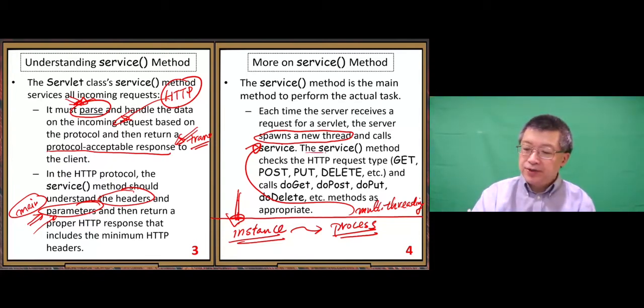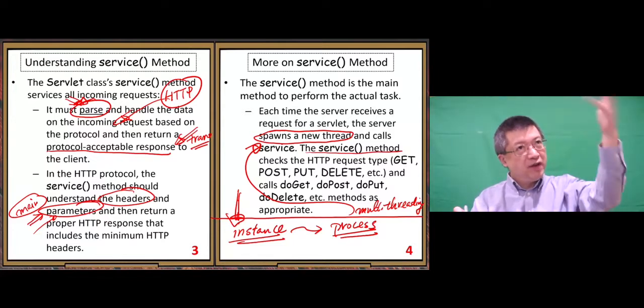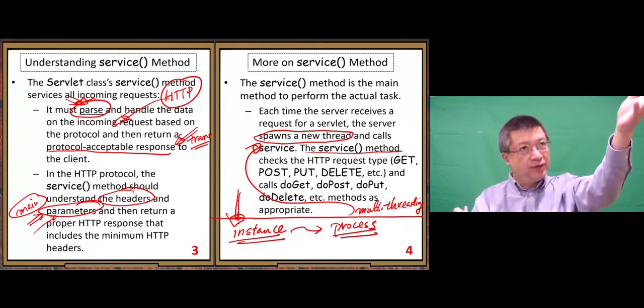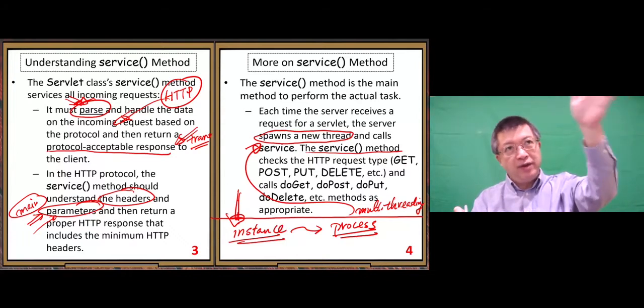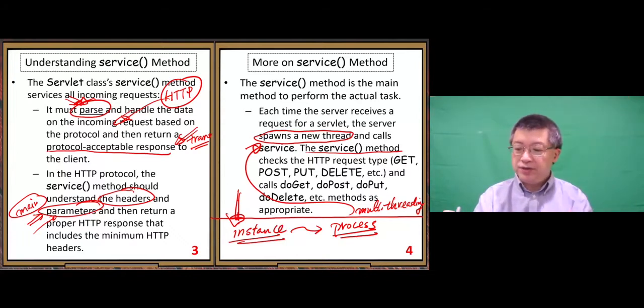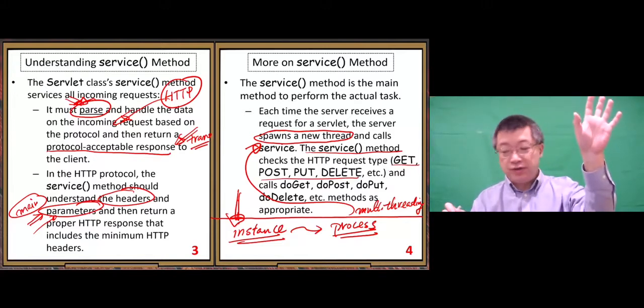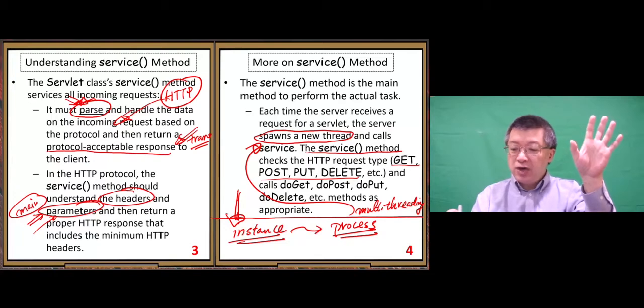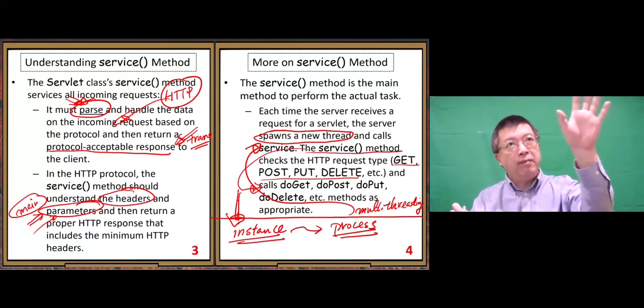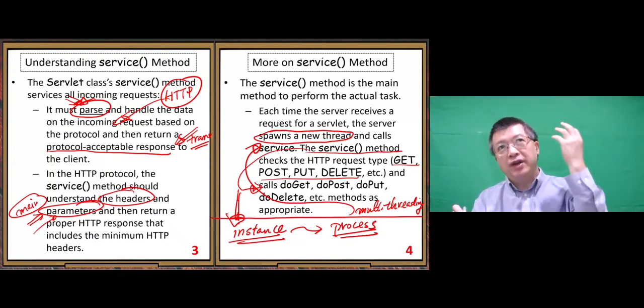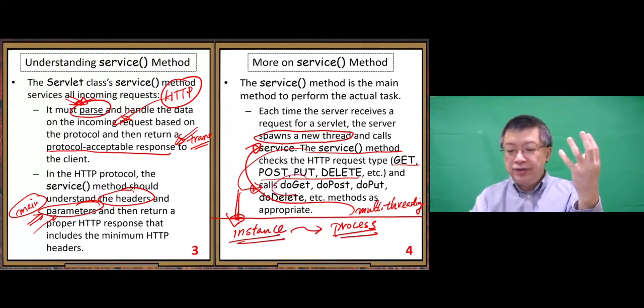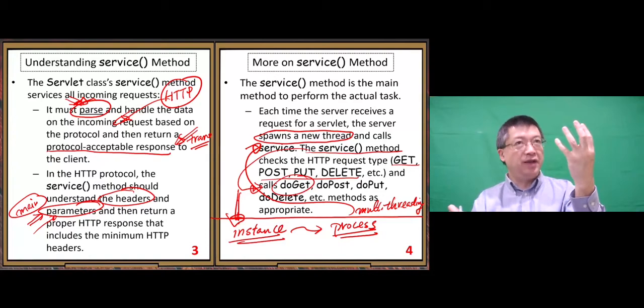This service method checks the HTTP request type. In the request, you need to specify which method to use, get method, post method, these possible methods. Then the service method calls the corresponding method. If it's a get method, it calls the doGet method inside the servlet.